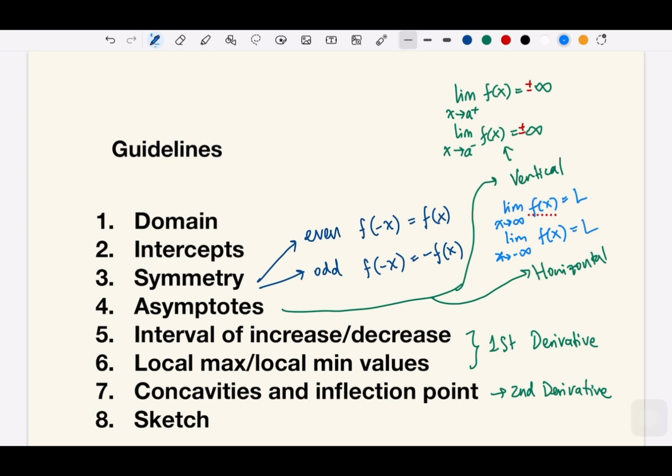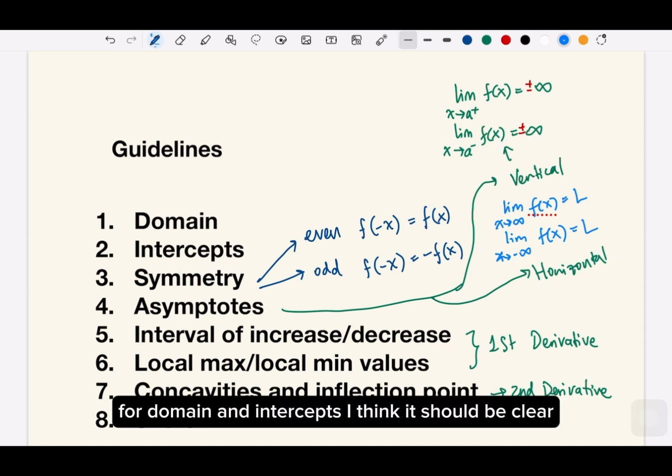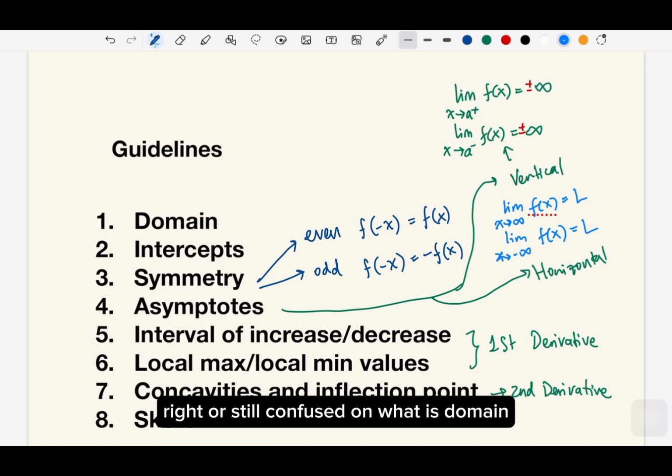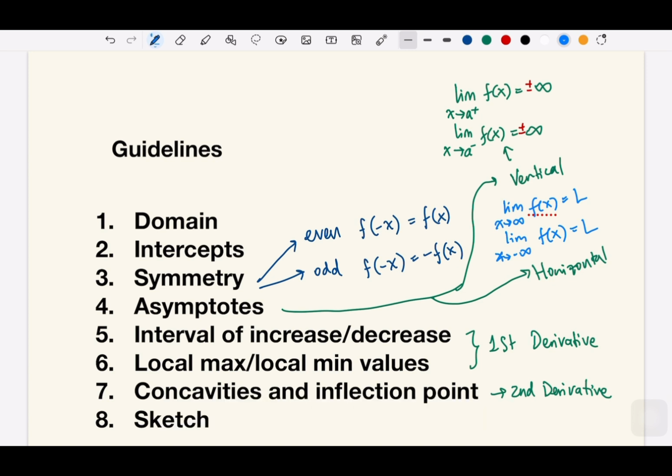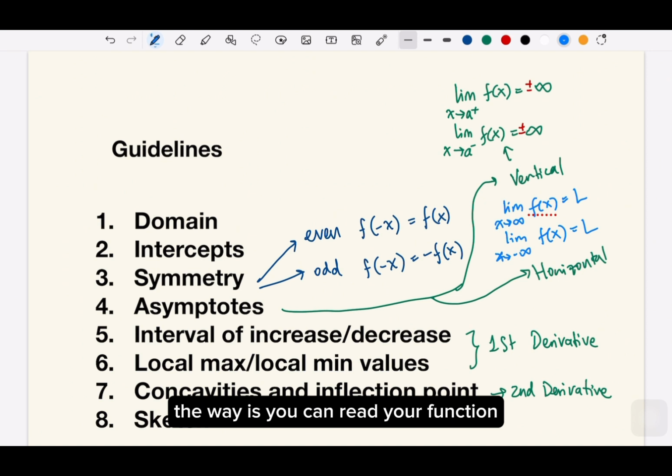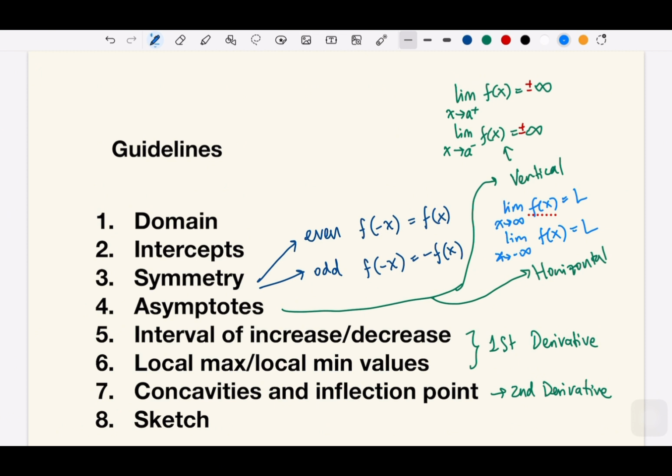Okay. For domain and intercepts, I think it should be clear, right? Or are you still confused about what domain and intercept are? Domain is, you can read your function notes. What is intercept? Yes.